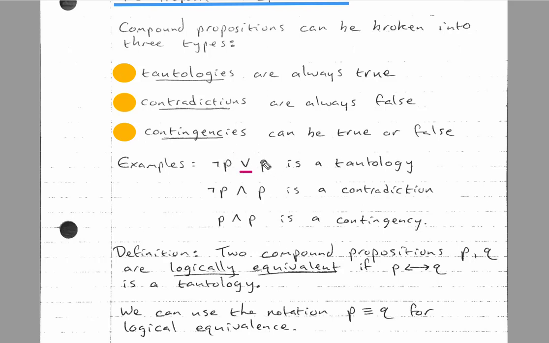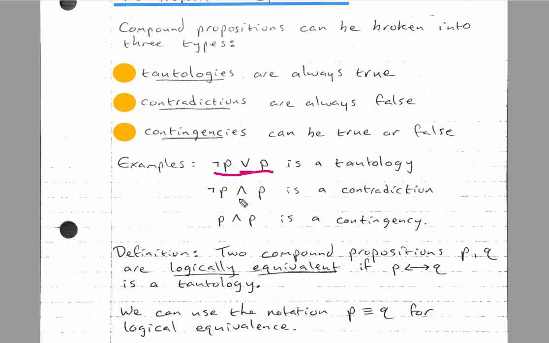False or false is false, but everything else is true. So this combination is always true. So it's a tautology in our new jargon.